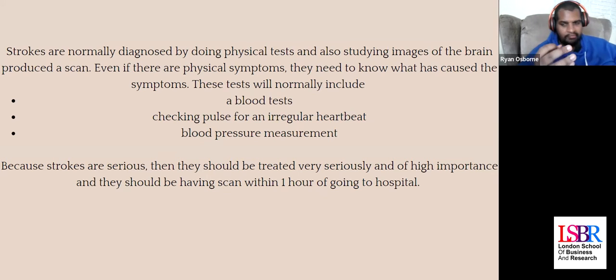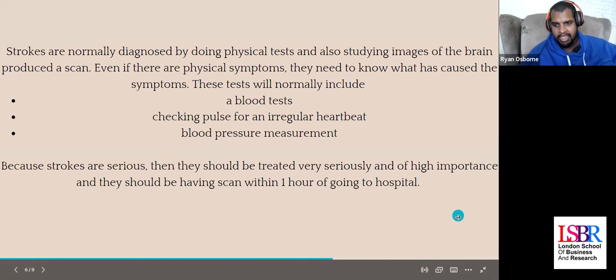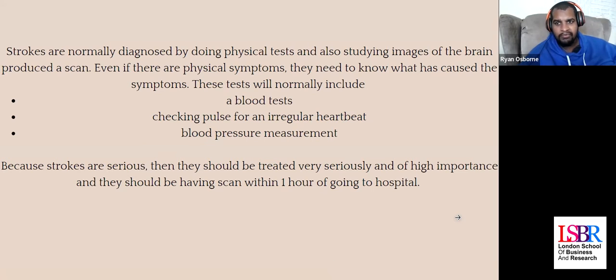So it's important for family members, for doctors, for nurses, and people involved in that particular area to really understand what a stroke is, the different types of strokes, and how it affects a person.